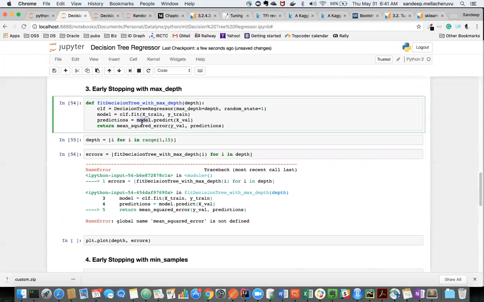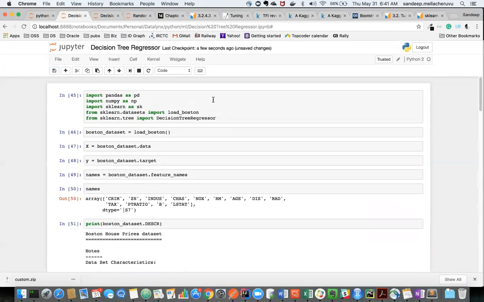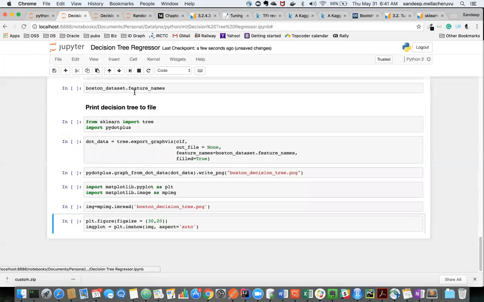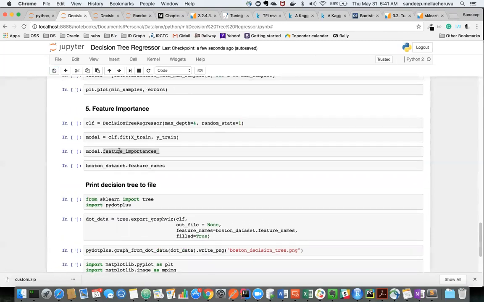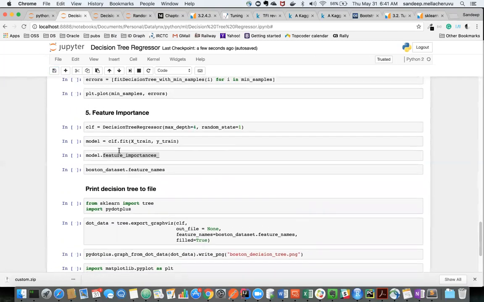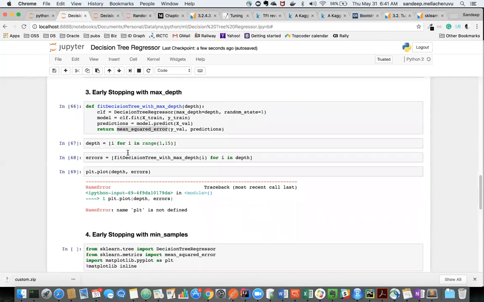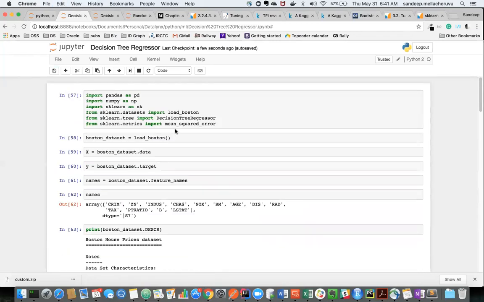Okay, mean squared error is also not there. Just 1 second. Let me import these things, then I'll answer your question. Okay, somehow not all these are imported.